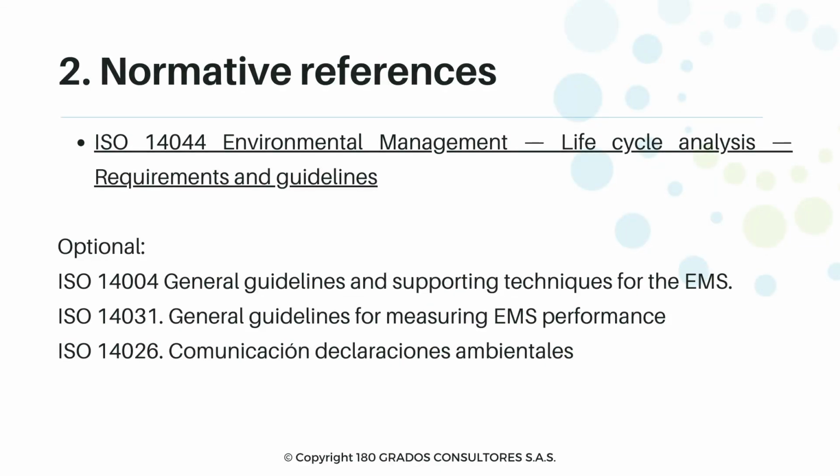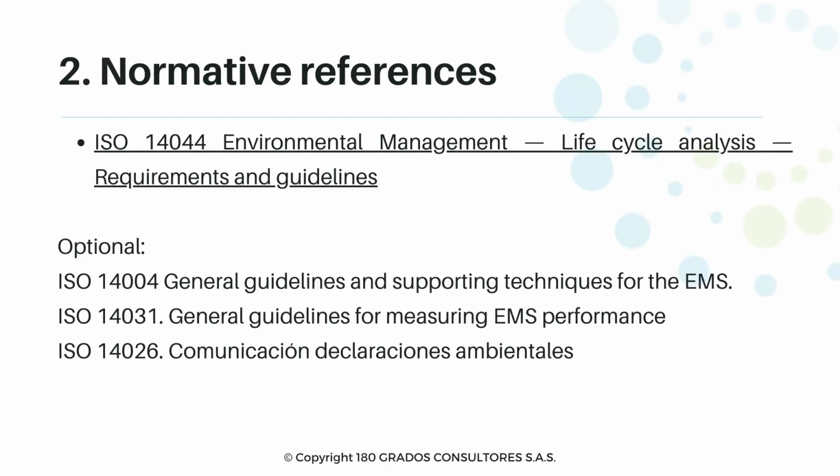Also, ISO 14031 plays a significant role, offering guidelines for measuring and evaluating environmental performance. That is very important to complement the assessment conducted under ISO 14046. Another critical aspect is the communication of water footprint results.